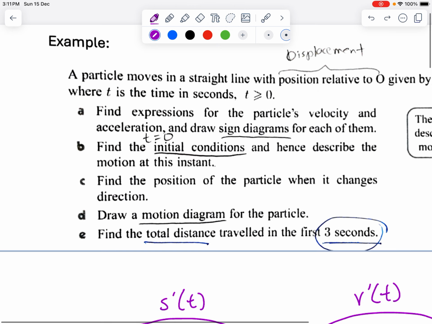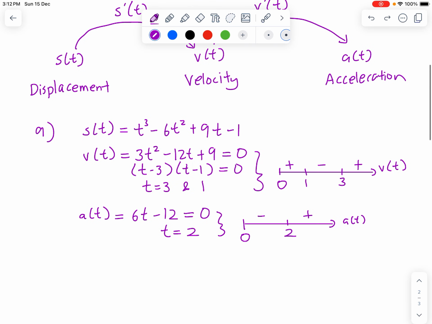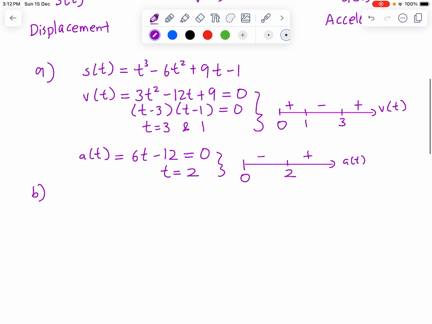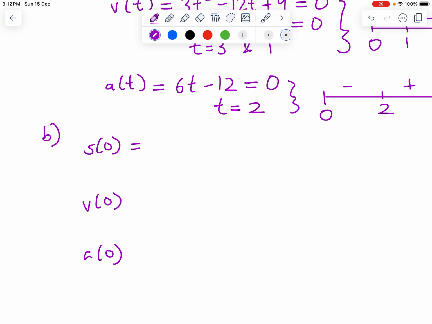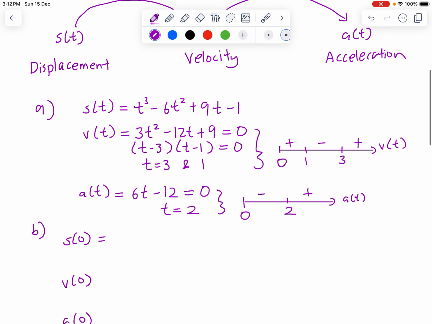So as I wrote here in my worksheet, initial conditions really just means, well, what happens when time is 0. So to do that, we want to basically have s of 0, v of 0, and a of 0. When we do that, s of 0 is 0 minus 0 plus 0 minus 1, that's just negative 1.